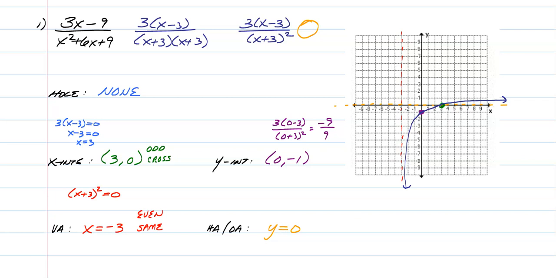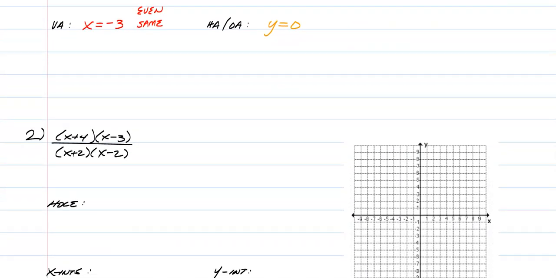This is where your x equals -3 is even comes into play, because when the vertical asymptote is even, they approach from the same direction. Now there are no other x-intercepts, so this guy's not going to cross the horizontal asymptote, and that's how we sketch that graph. Now if you were to type that in your graphing calculator, you would see that's what you're going to get. Okay? Next one.